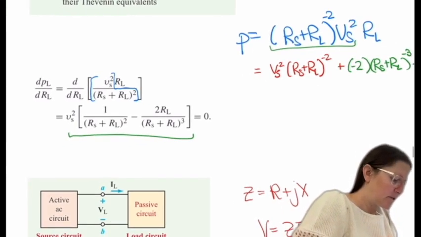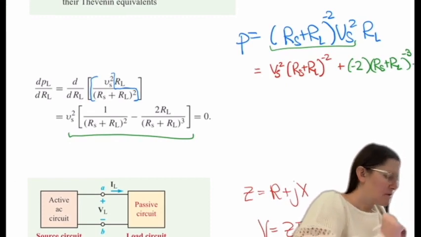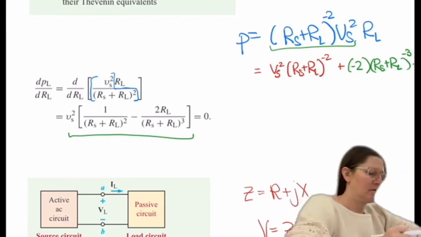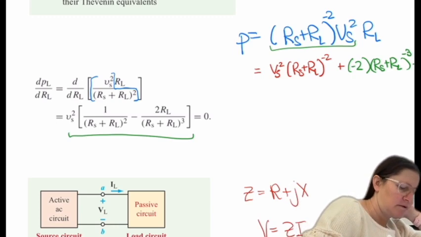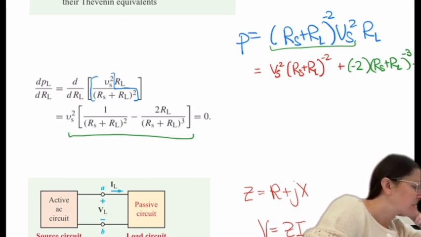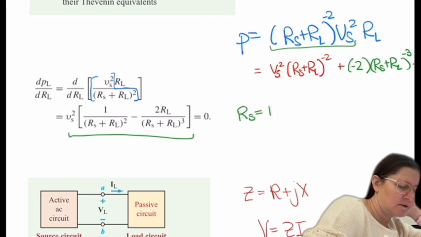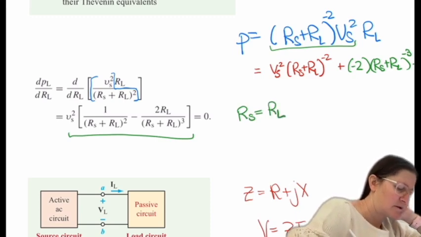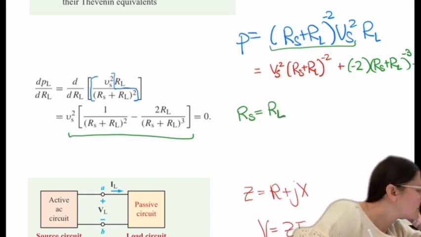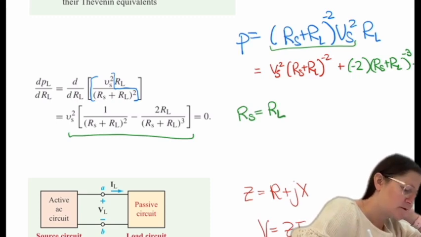How do I get that equal to 0? Inside, it's going to have to equal each other. So RS and RL will have to equal each other, right? Or negative of each other. If they were, wouldn't that make it undefined?